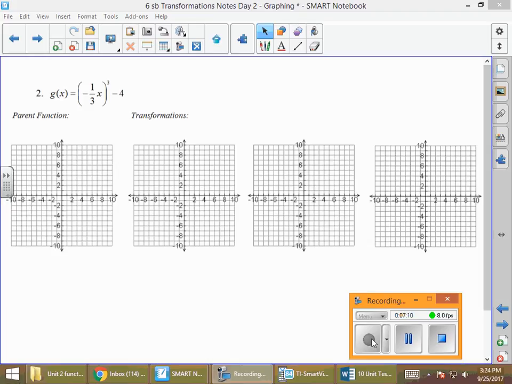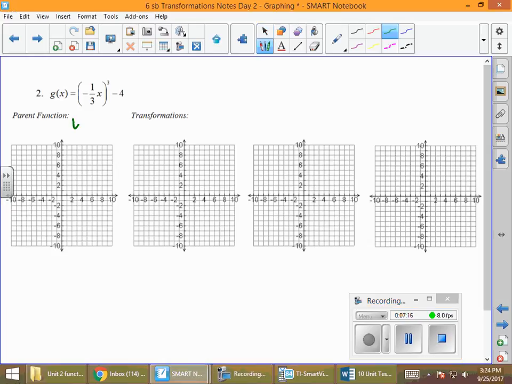I had to pause the video, so I think I might be repeating something, but our parent function in this graph is y equals x cubed. And when we graph that, our points on y equals x cubed are 0, 0, 1, 1, 2, 8, negative 1, negative 1, and negative 2, negative 8.